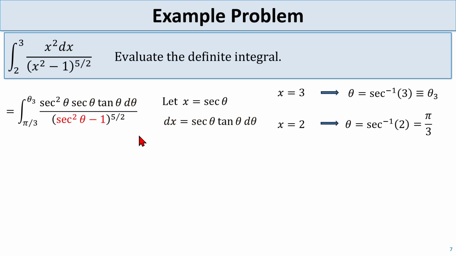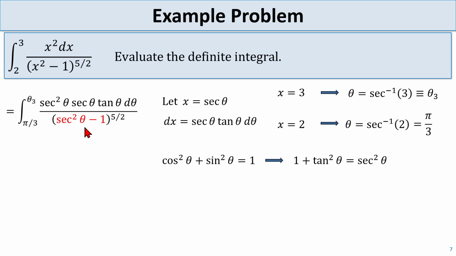Next thing I'm going to do is try to simplify the secant squared of theta minus 1 by using a trig identity. It's going to be a trig identity that we derive from cosine squared plus sine squared equals 1. What I'm going to do is divide both sides by cosine squared. If I divide every single term by cosine squared, I end up with 1 plus tangent squared is equal to secant squared of theta.